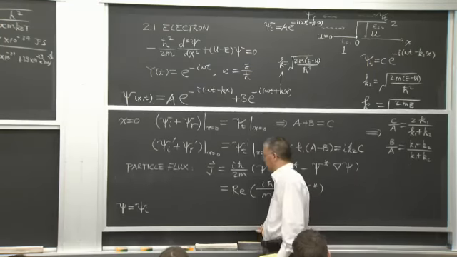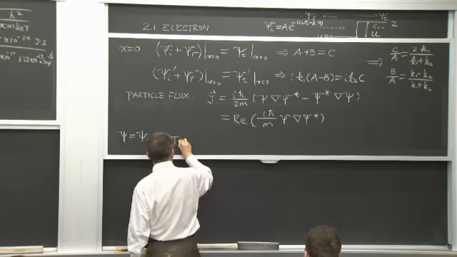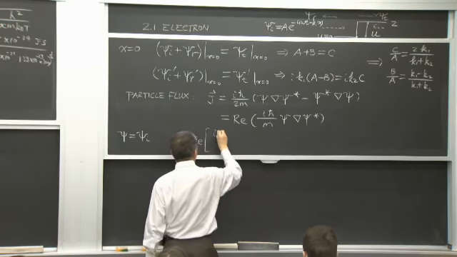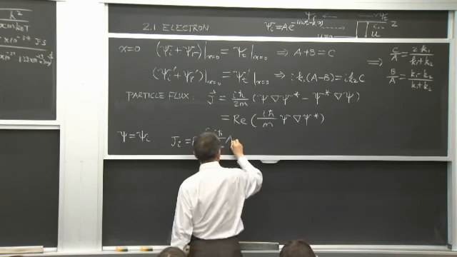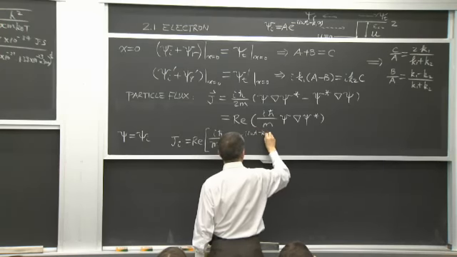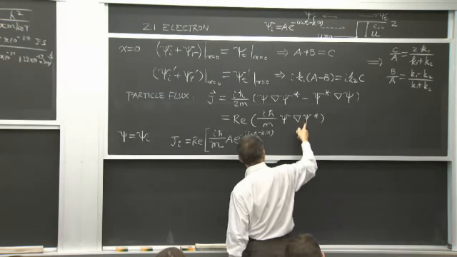Let's substitute in. The incident flux is the real part of i h bar over m, with psi equal to A exponential minus i omega t minus k1 x.